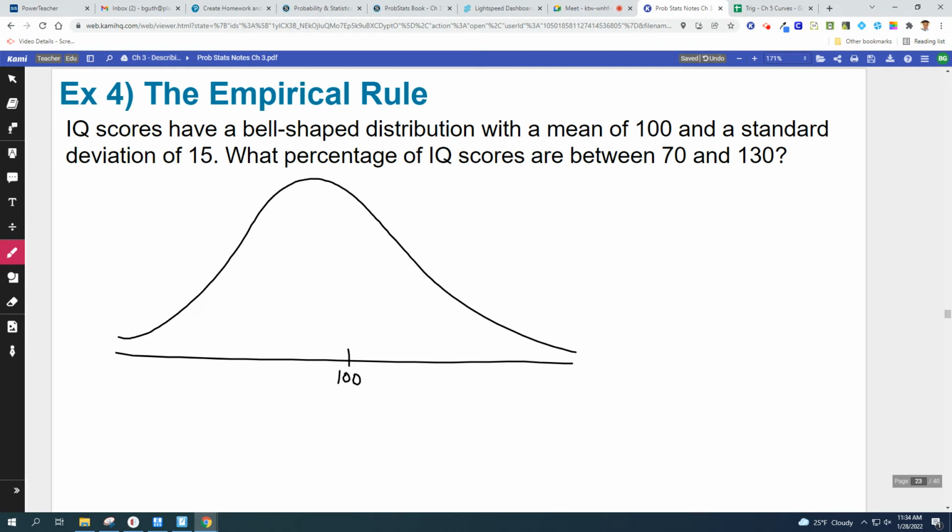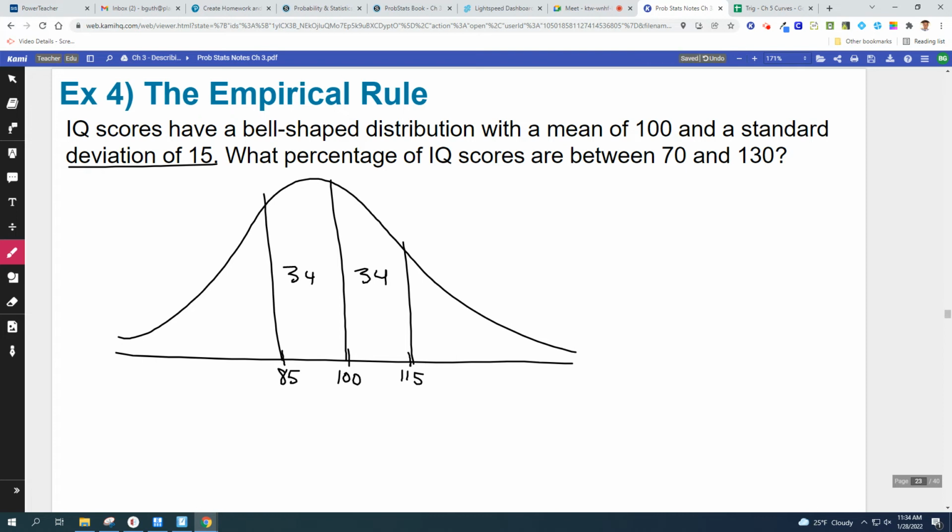The standard deviation is 15, so if we add 15 and subtract 15, we can reconstruct that picture. And what it would say is 34% of the numbers are here and 34% of the numbers are here.